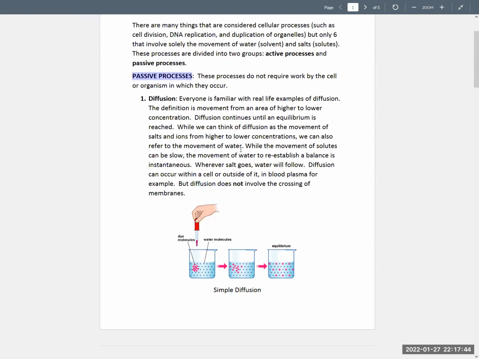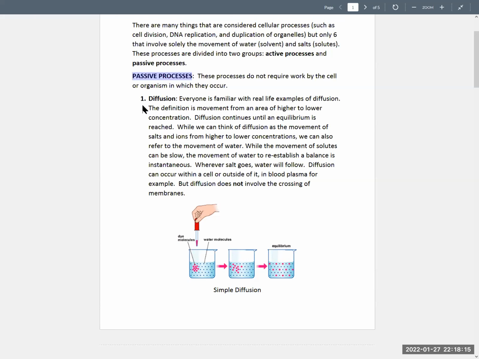Okay, now a couple that will seem rather infantile almost to you, I hope. The first passive process is diffusion. We all have real life examples of diffusion. For instance, if I were to take a jar or a container of perfume, and there's none of that perfume in the room except in the jar.